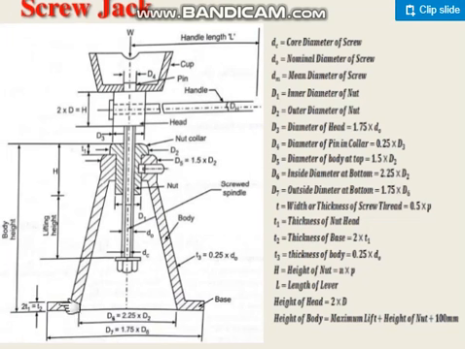Now you see here the thing that I'm showing. This one is the body. Here it is written body. This is the base of the body. It is made wider so that it may have more stability. And in this body, on the top, it is inserted. What is inserted?